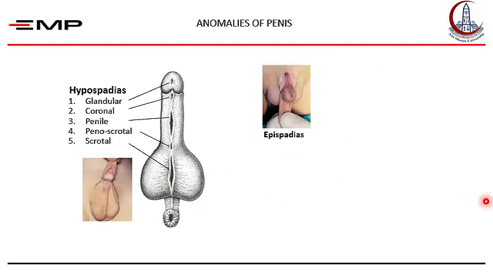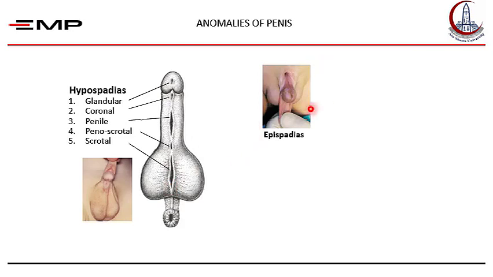Now, the anomalies of the penis include an opening on the undersurface called hypospadias, which may occupy several places due to faulty closure of the urethral groove. It may be glandular, coronal, corporal or penile, penoscrotal, or scrotal.